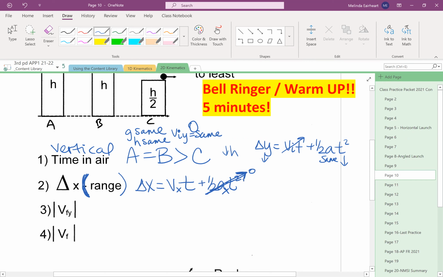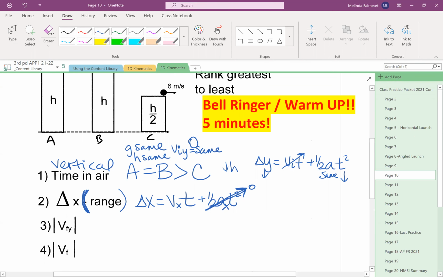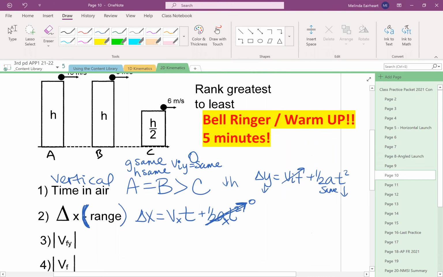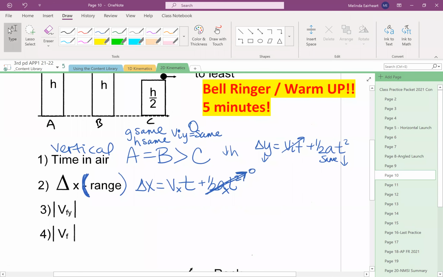The more you do this, you can just leave it off, right? And so it's based on horizontal velocity, which we see some difference, but it's also based on time. You can't forget your answer from before. So the answer to number 2 is not A is greater than B equals C, right? You want whoever has the greatest horizontal velocity and the greatest time.